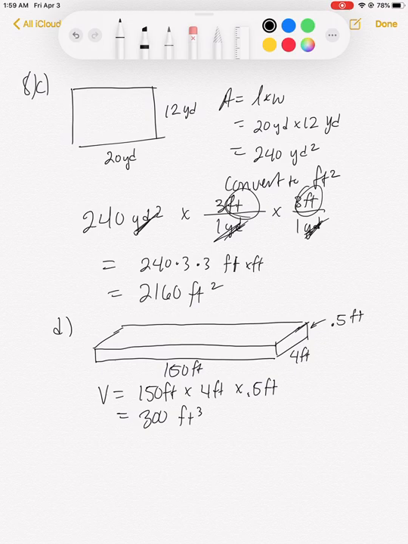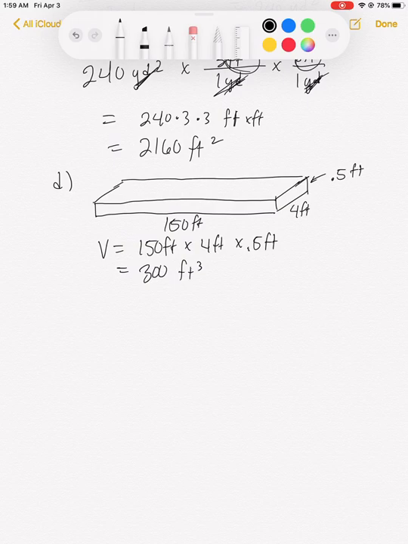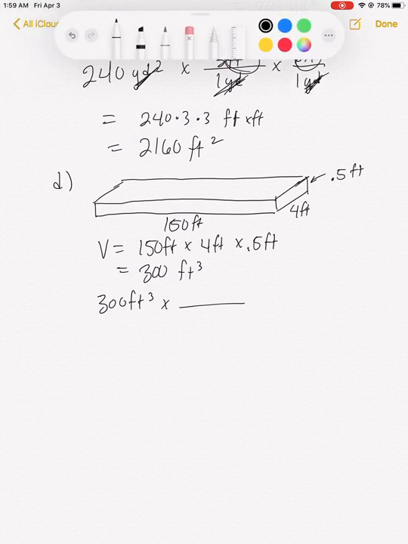Now I need to convert these feet cubed into yards. And so we're going to do 300 feet cubed times some number of yards cubed. So we want the feet to cancel, so we put, oh gosh, I forgot again how many cubic feet are in a cubic yard. Well, it turns out that I can just do it again like the other problem, where I do the whatever feet I need for every yard.